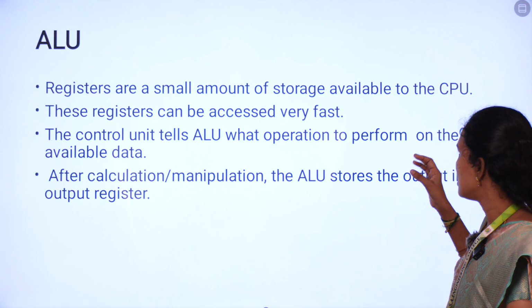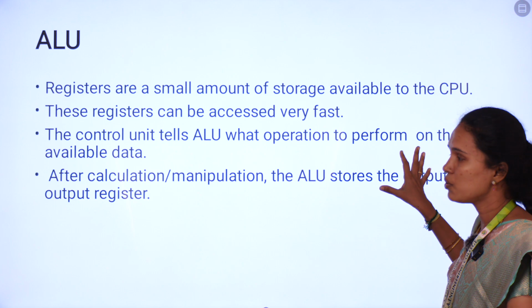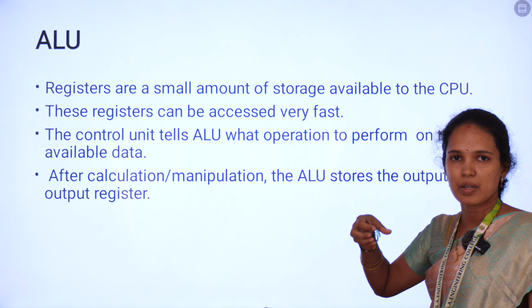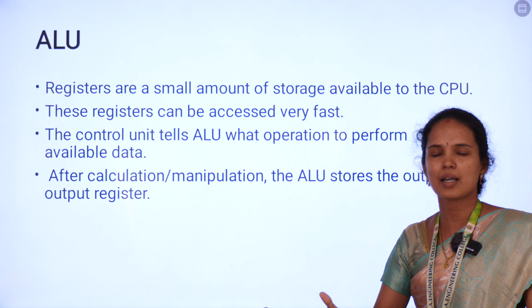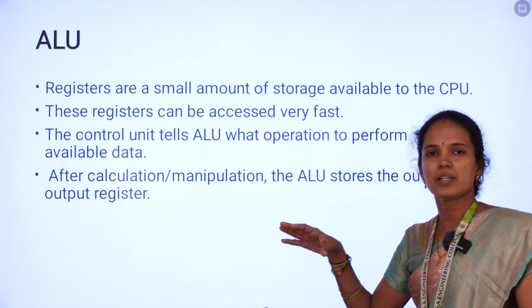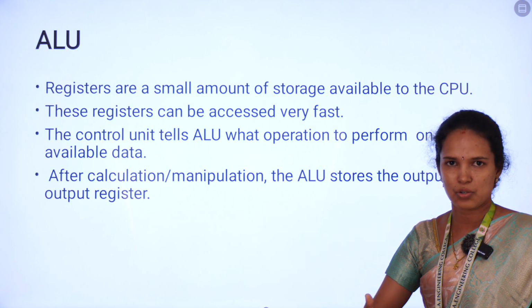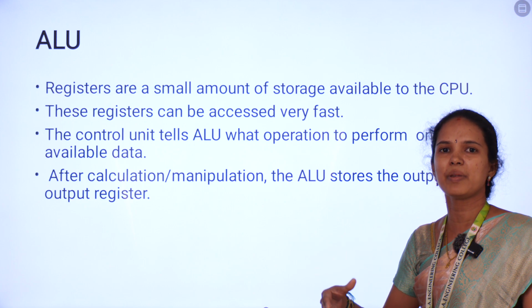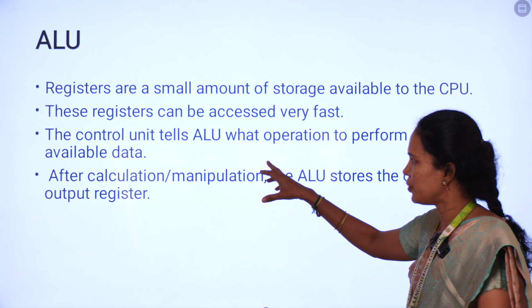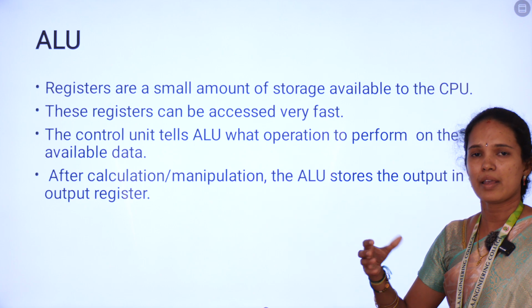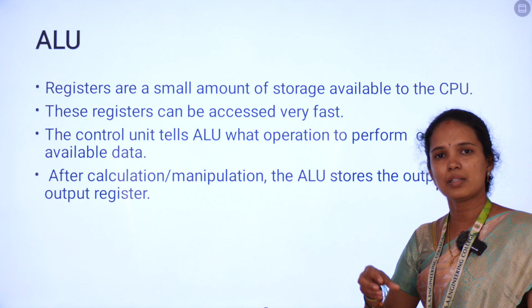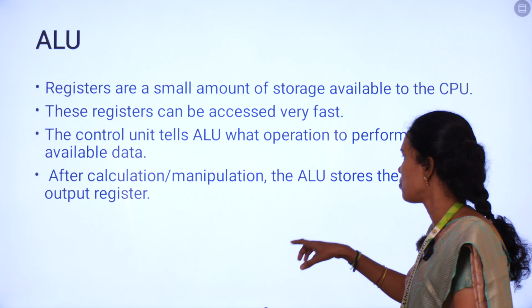It tells the control signal the next operation it has to do. The control signal will be performed through the control unit, and after calculating all the things, the result will be stored in your output unit.